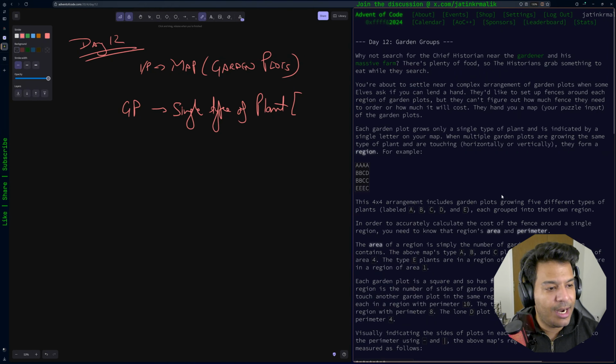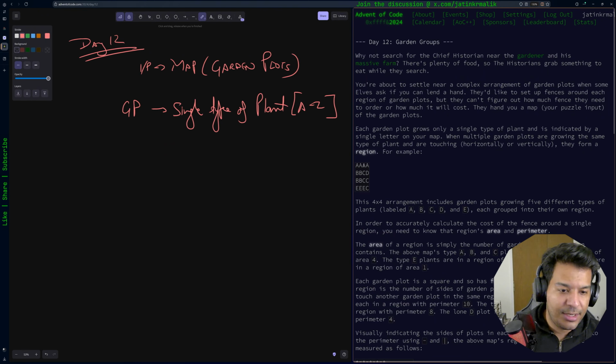When multiple garden plots are growing the same type of plant and are touching horizontally or vertically, they form a region. Oh, so each plot can be a letter, A to Z it seems like for now. And what it says is that when multiple garden plots are growing the same type of plant and they are touching, they form a region.